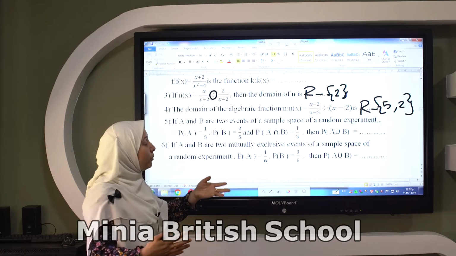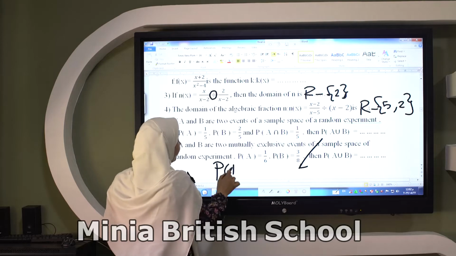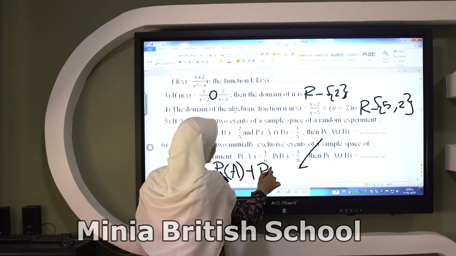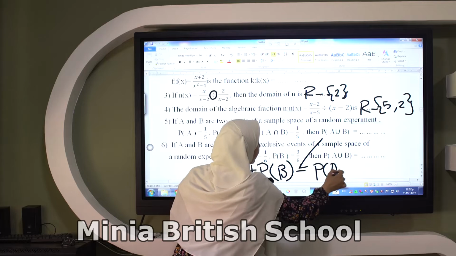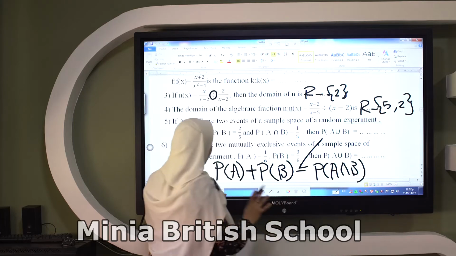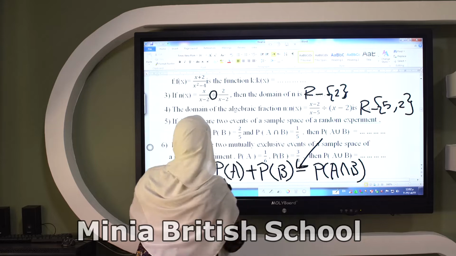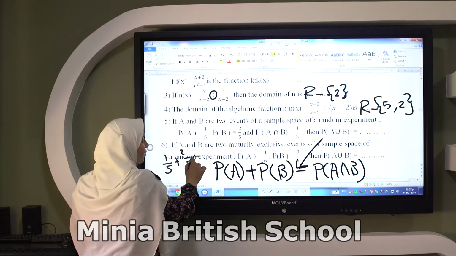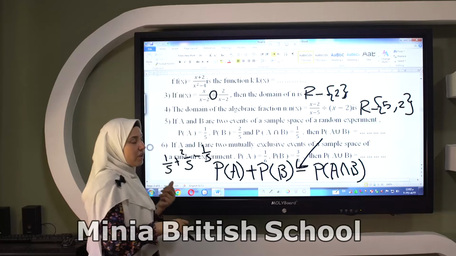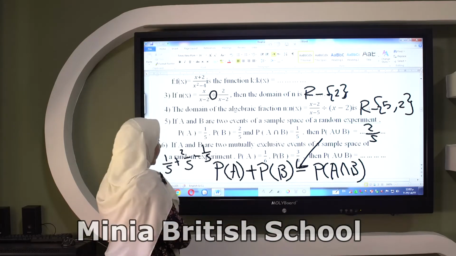The rule here: probability of A plus probability of B minus probability of A intersect B. Only substitute the values for each one: 1/5 + 2/5 - 1/5 equals 2/5.